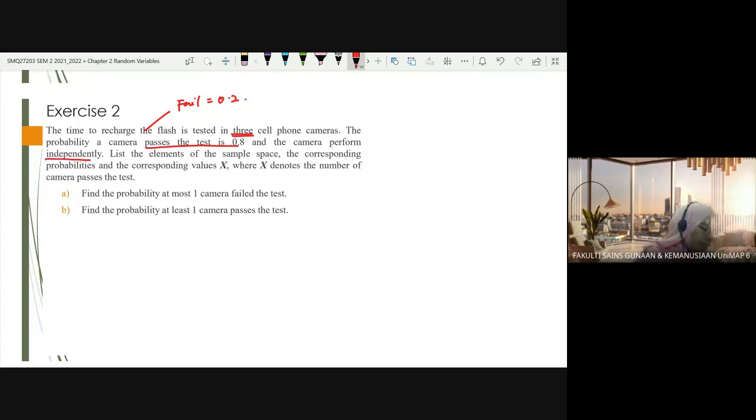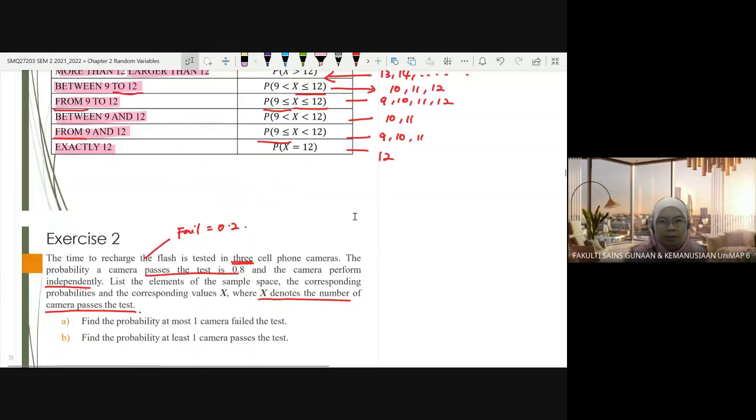List the elements of the sample space, the corresponding probabilities, and the corresponding values x, where x denotes the number of cameras that pass the test. How should I organize this into a probability distribution?